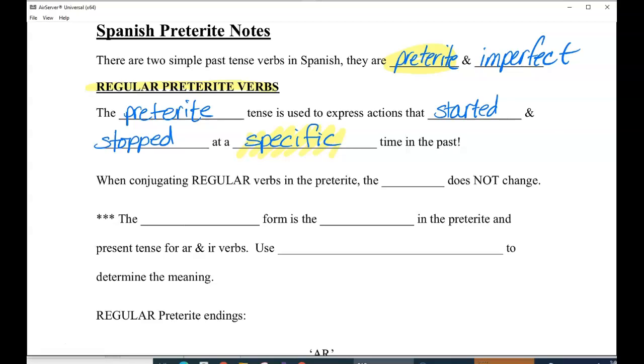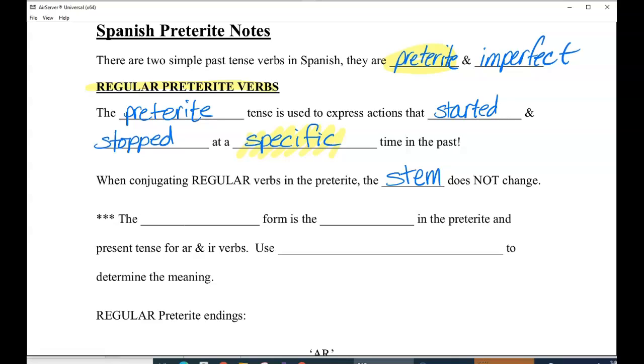When you're conjugating regular verbs in the preterite, the stem does not change. We've spent a lot of time talking about stem changing verbs and irregular verbs, but when we're focusing on just the regular preterite, the stem does not change.